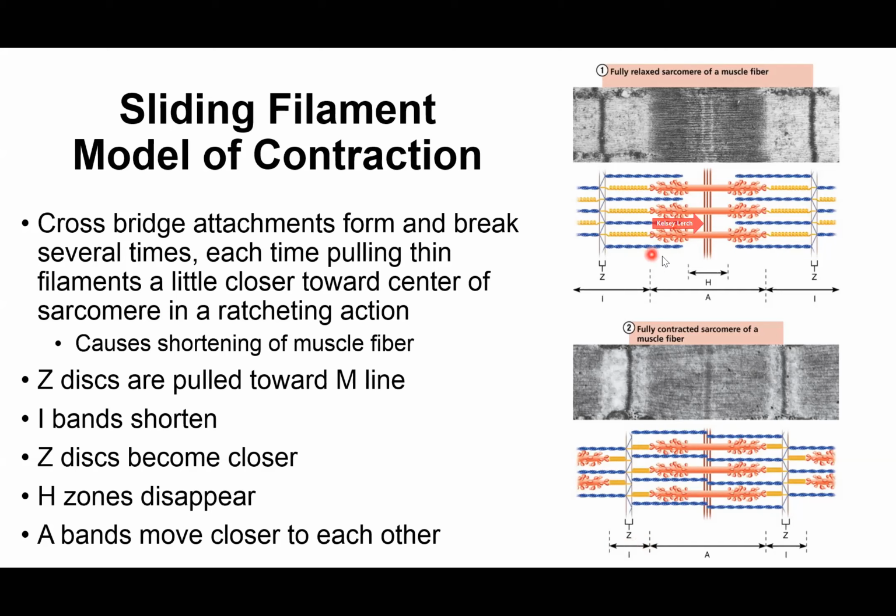Additionally, because the thin filaments are moving towards this M line here, this causes the Z discs to become closer to one another. If we're looking at total length here, we have Z disc to Z disc in the relaxed state, Z disc to Z disc in the contracted state, and you can see that they are much closer to one another in the contracted state.